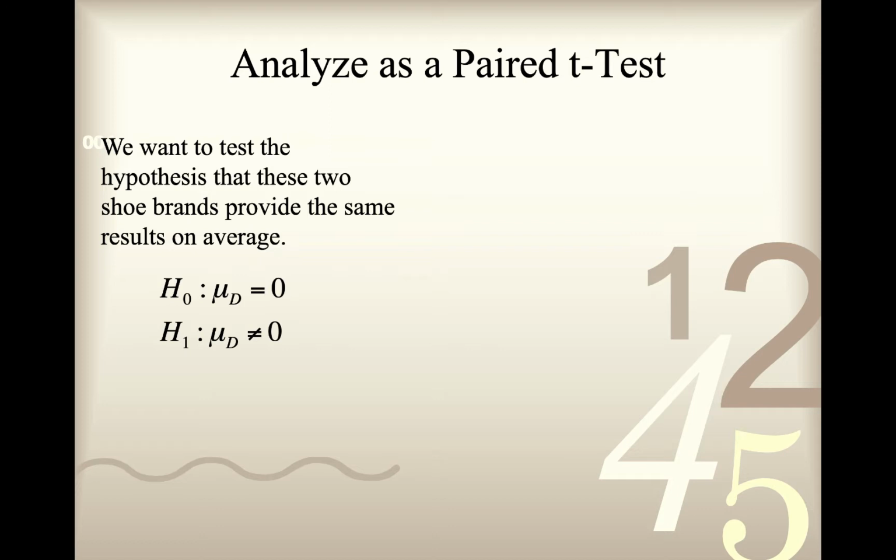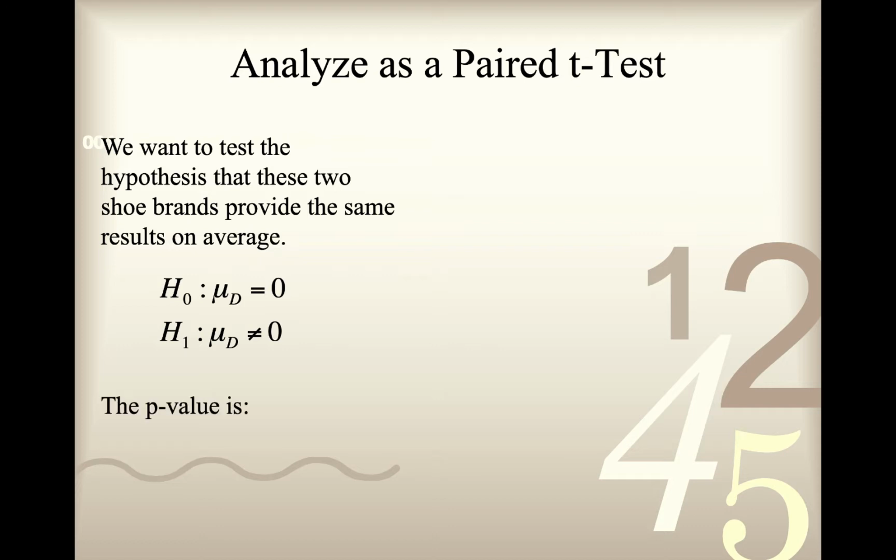But here, this is just a simple two-tailed test. But the key here, and again, I'm going to say it one more time, we no longer are comparing two means. So we're no longer comparing mu Nike to mu Adidas. We now have a single mean difference that gets compared to 0. Okay?